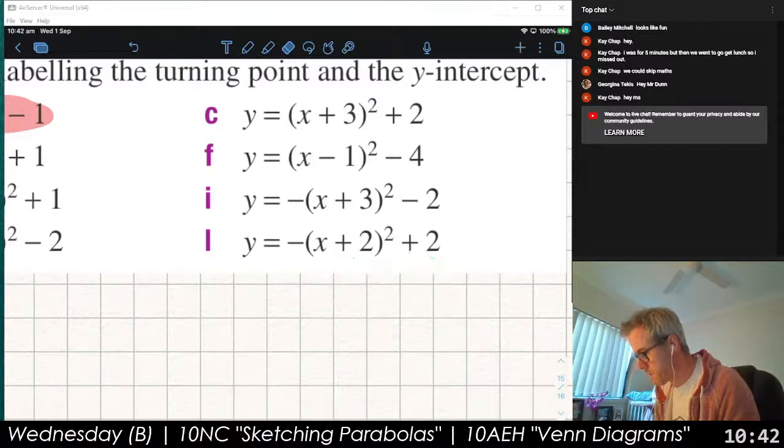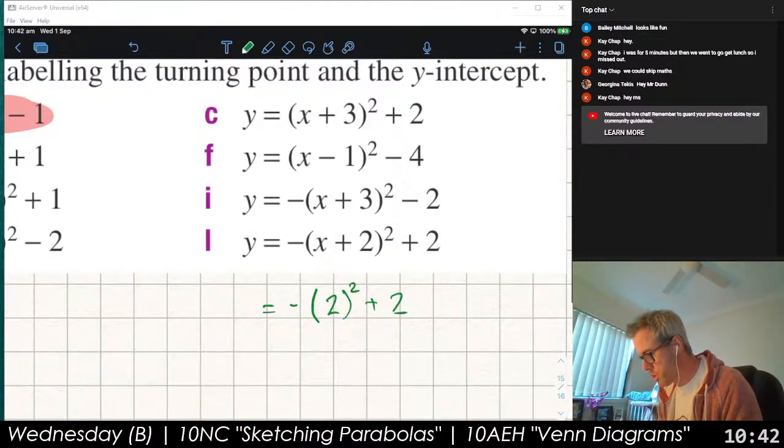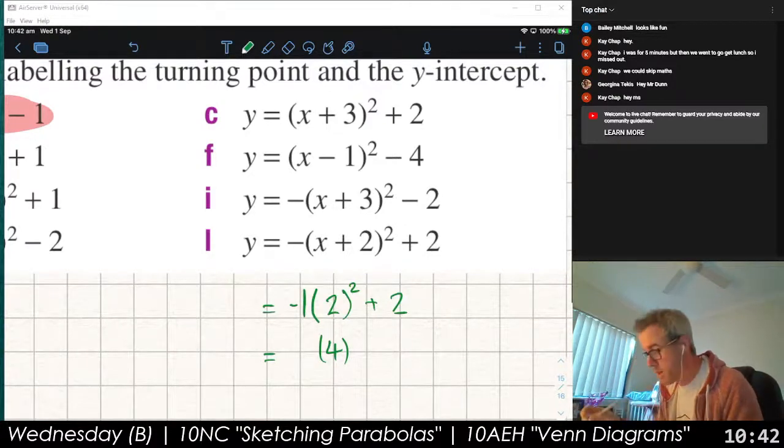I'll do the working out for this. It actually looks like this: -2 squared, plus 2. We do the squared first, which is going to equal 4. But remember, there's a 1 at the front here, so this is -1 times 4.